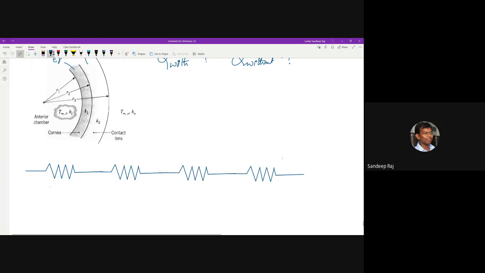So here I have drawn 4 resistances, and these 4 resistances correspond to the anterior chamber, cornea, contact lens, and the outside atmosphere air.